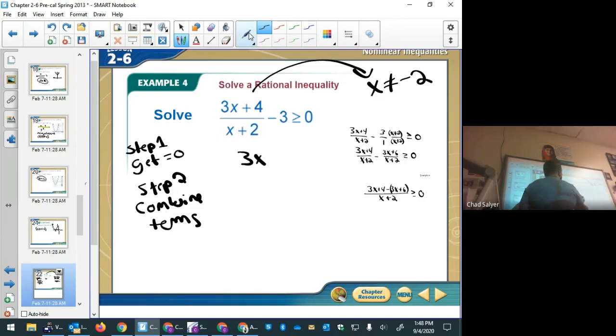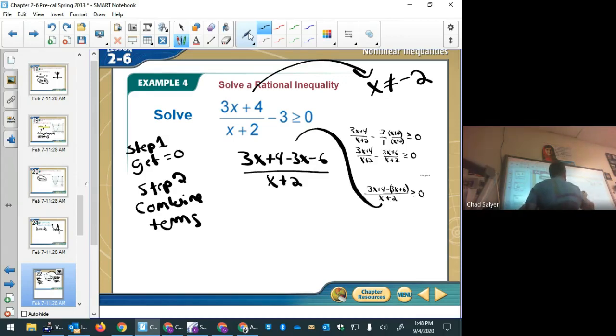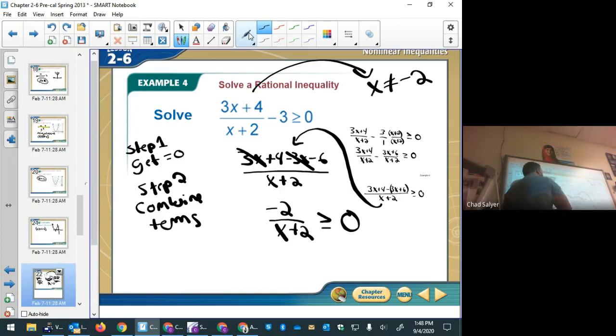Distributing that minus sign, I get this. And then canceling 3x and minus 3x, 4 minus 6 is negative 2 over x plus 2. And that's going to be our step 2 complete. We now have a single term, where before we had 2. So these are equivalent expressions, but in this case we've got a single rational term.